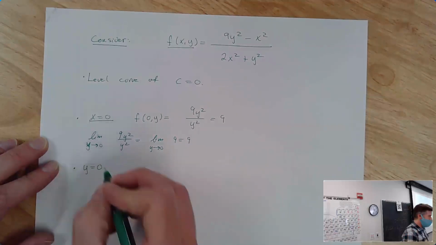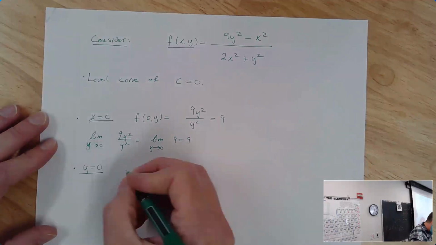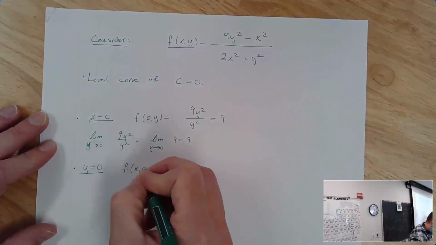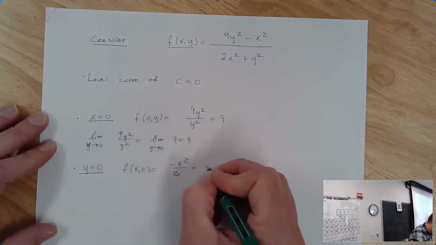the y equals 0 plane, which is the xz plane, which is the plane that kind of tries to slice you, right? It's the one I'd be cutting you with like this, not like this, like this. Well, then we're going to get f of x, 0 equal to negative x squared over 2x squared, which equals negative 1/2.